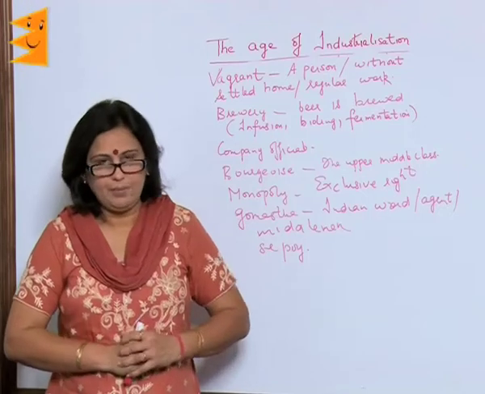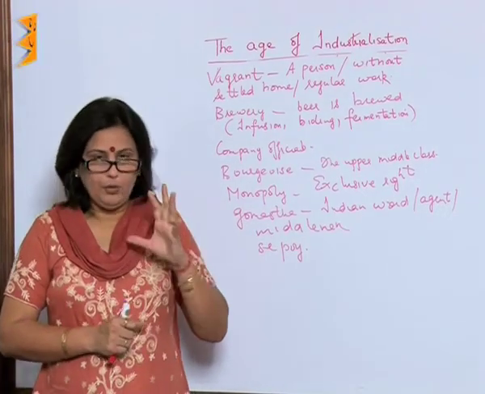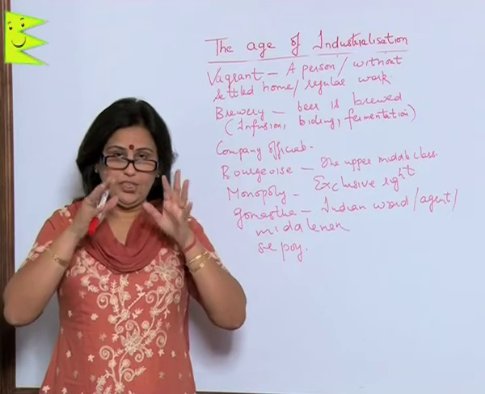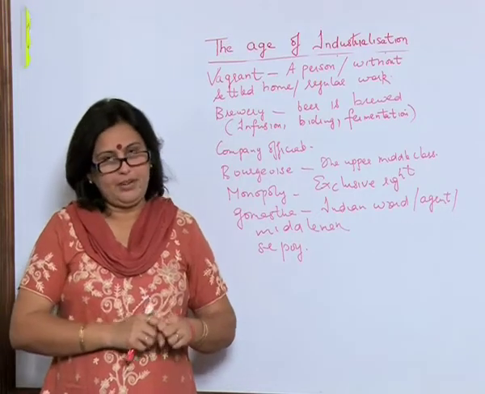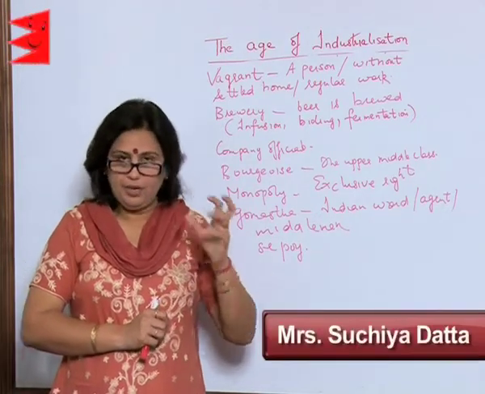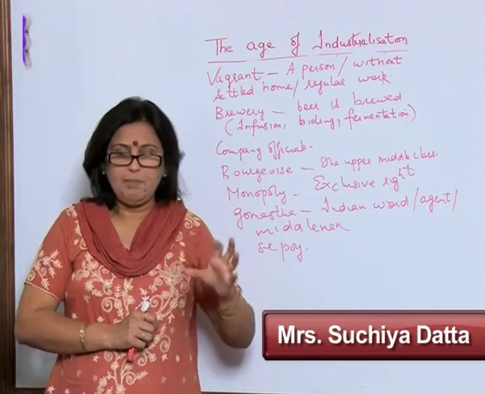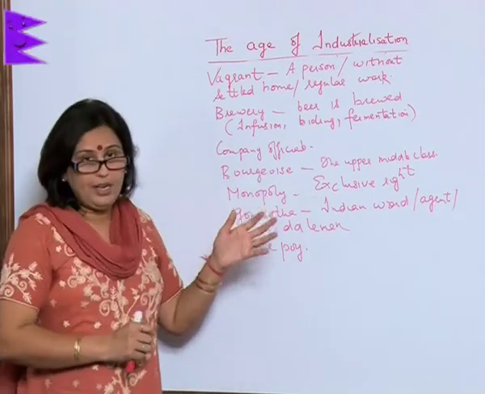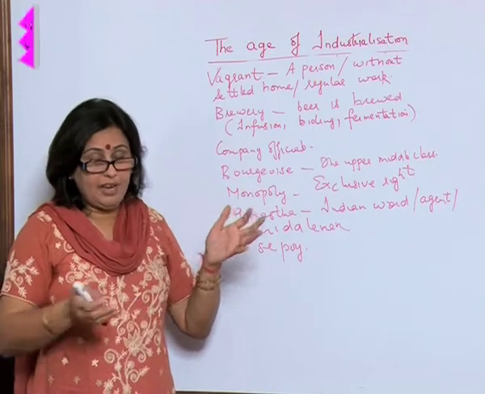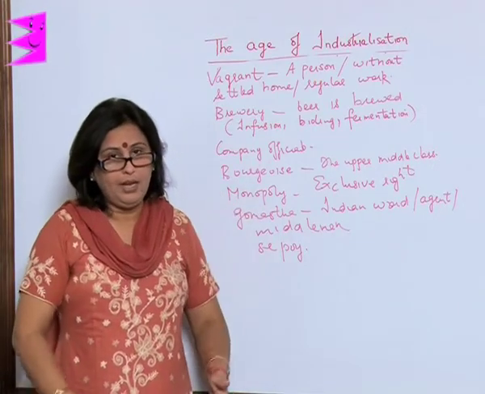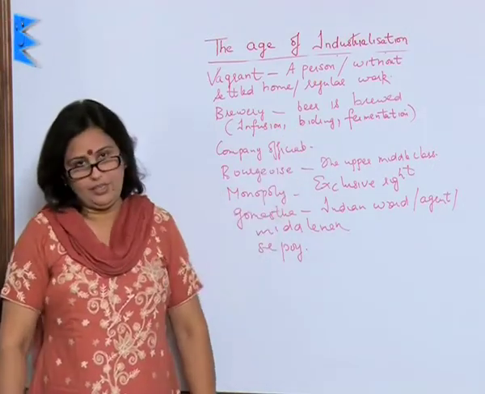In the previous clipping, we saw certain new terms which are associated with the manufacturing industry. Like we saw the word carding, fuller, stapler, and now we are going to see those terms, the effect of which seems to be because of industrialization.